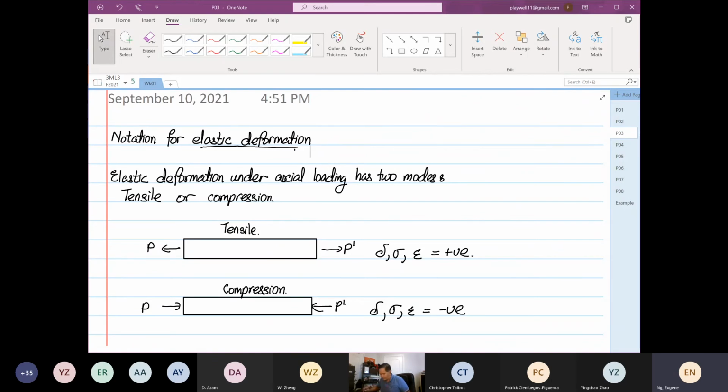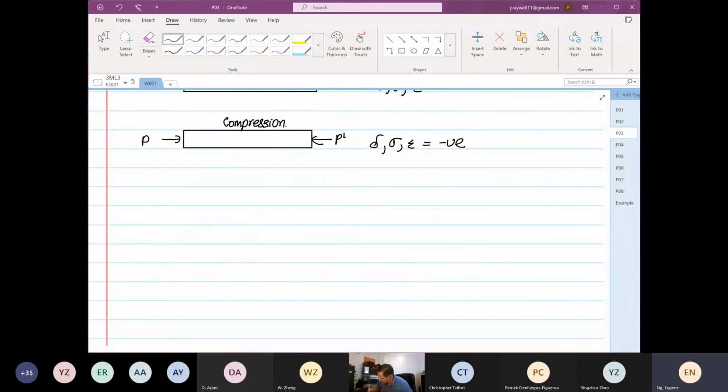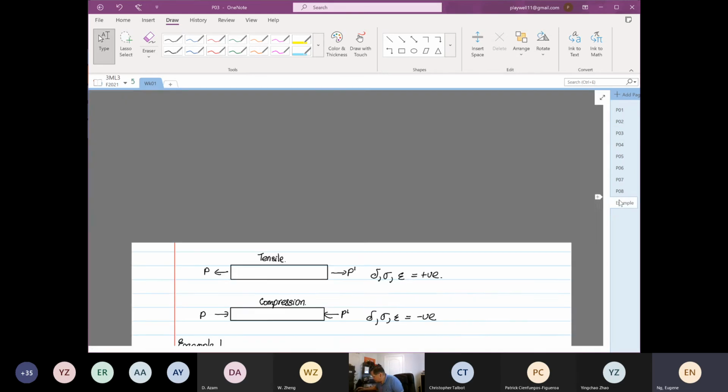Okay, so from here we are going to go into our example number 1. Example number 1 can be acquired from Avenue to Learn. I put it under lecture 1, so you can download the PDF of it. Okay, so let's look at example number 1.